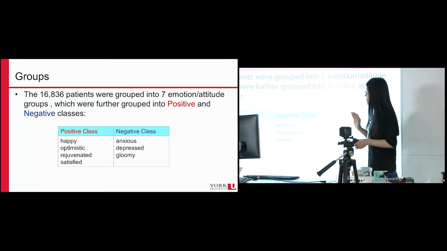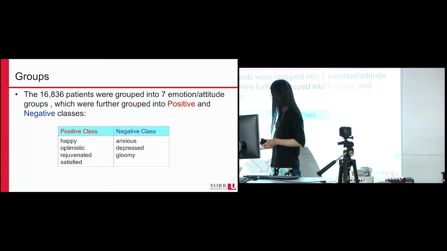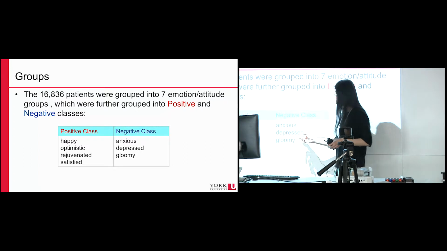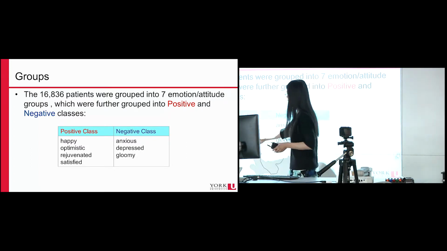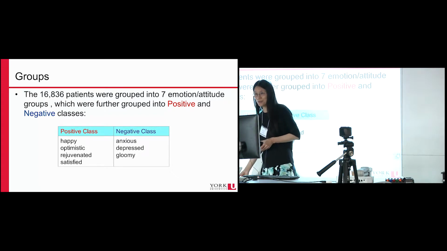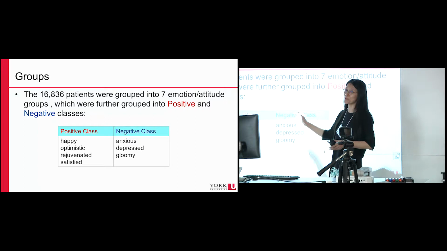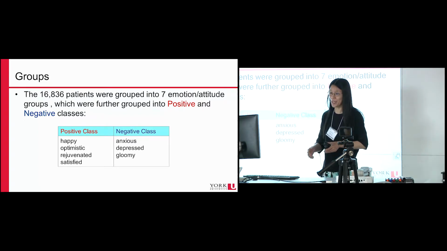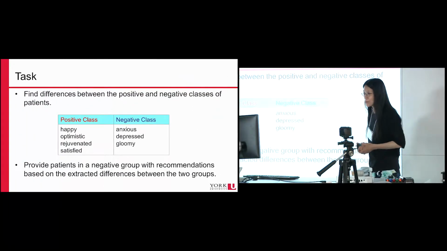The categories are happy, optimistic, rejuvenated, satisfied, anxious, depressed, and gloomy. The first 4 categories we consider the positive group and the others the negative group. In general, we call them the happy group and the unhappy group. So that's how the data set is grouped.